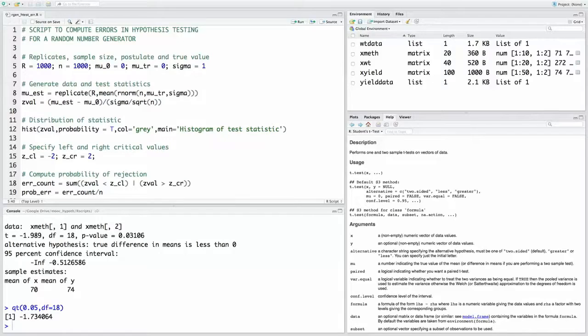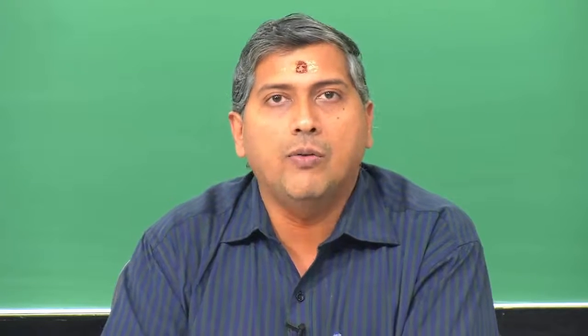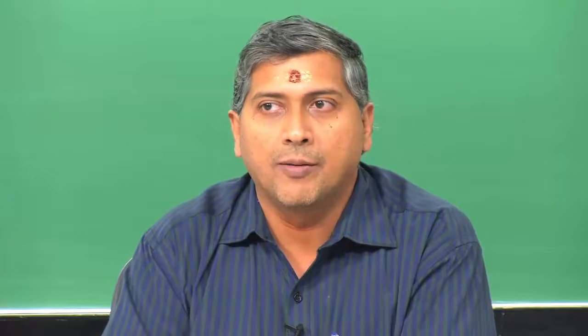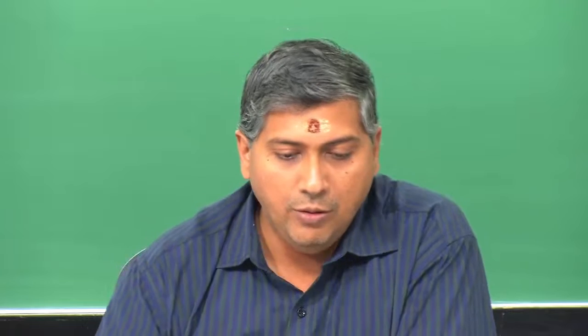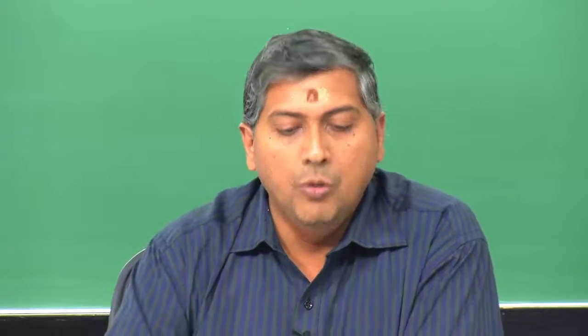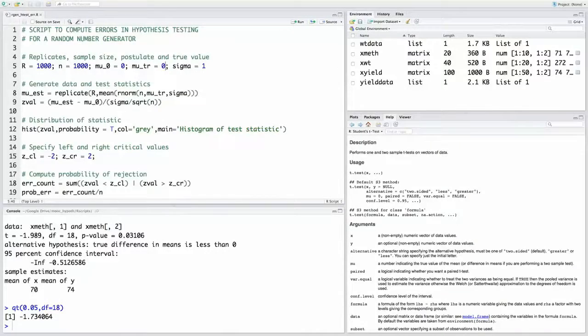There is nothing wrong in setting this to 1, but then later on I have to take this into account when I count the number of instances I go wrong. For the time being, we will reset this back to 0. So, the true mean is 0 and the true sigma is 1. These are the settings of the simulation.